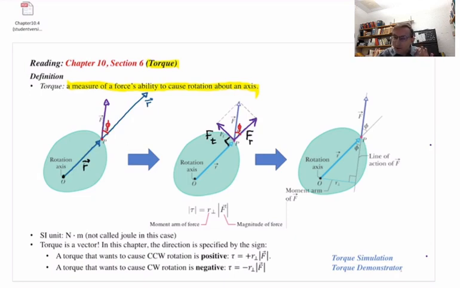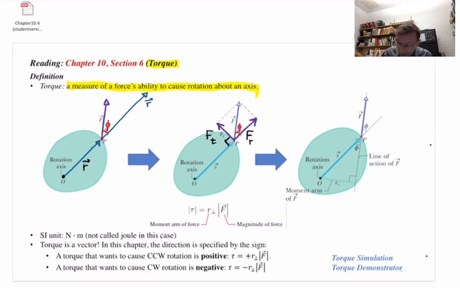Just go with your intuition, but think about it. You can pause the video if you wish. Again, the question is, of the two components of our force that I have drawn, the one we call the radial component and the one we call the tangential component, you can see them both in the middle figure, which of those two components is the one that would cause this disc thing to rotate?